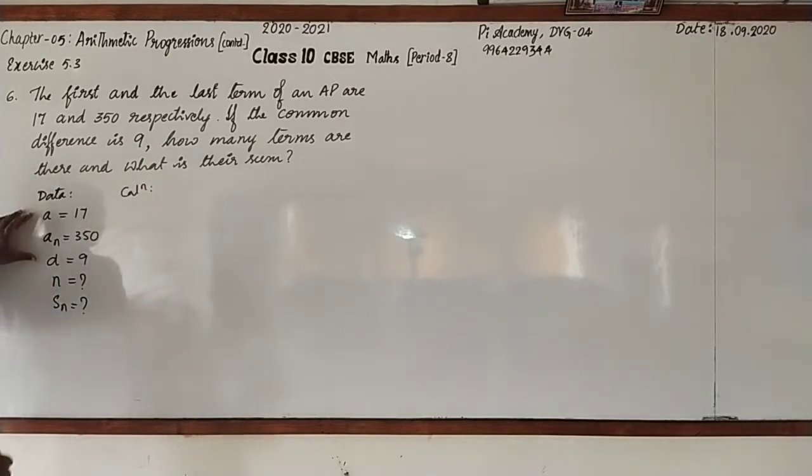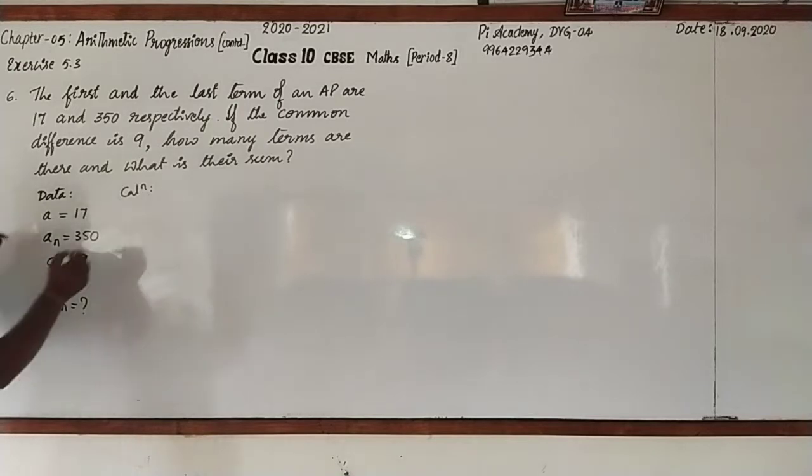Look here. Now, go through the given terms a, an and d. Whether these three are related to n or Sn. It is n, right? Because when you use the formula an, then it includes a, d and n.